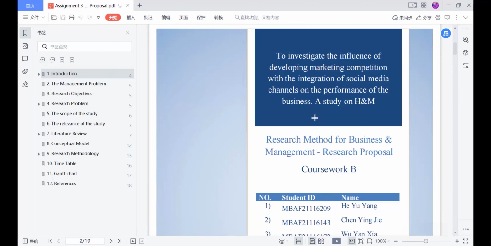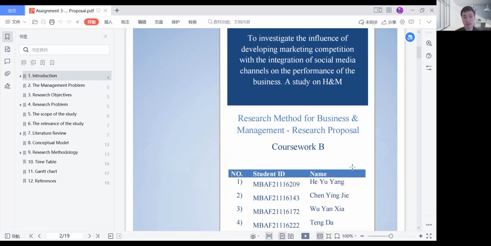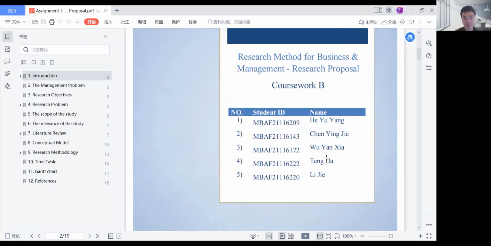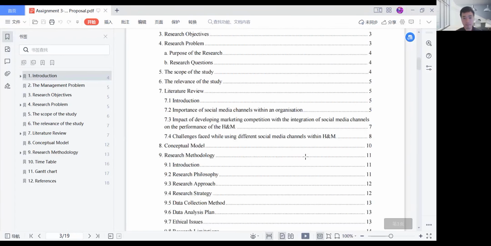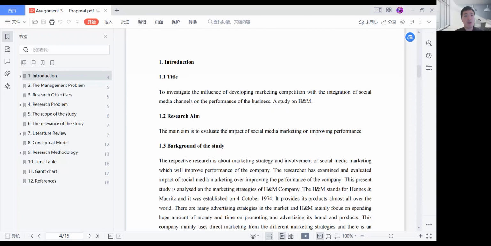Our group presentation title is Research Method for Business and Management Research Proposal, Case Work B. Number 1, introduction.